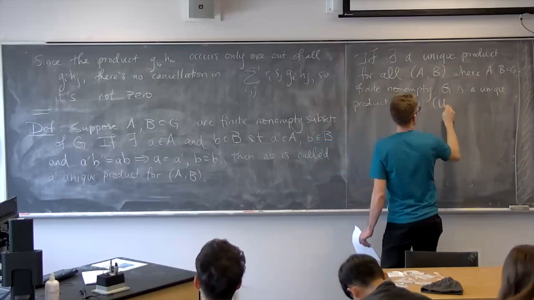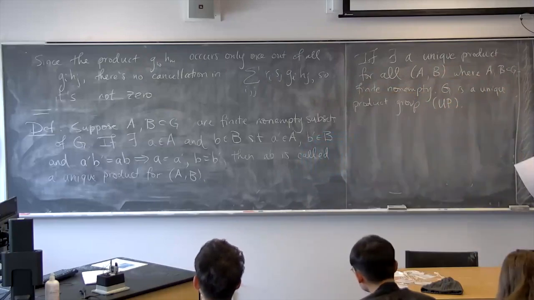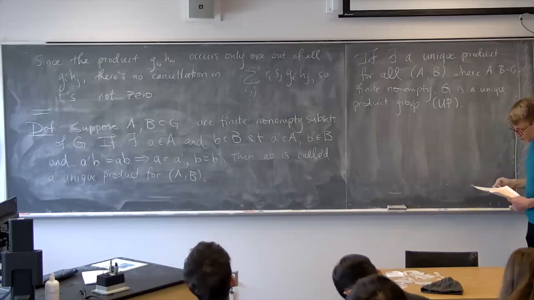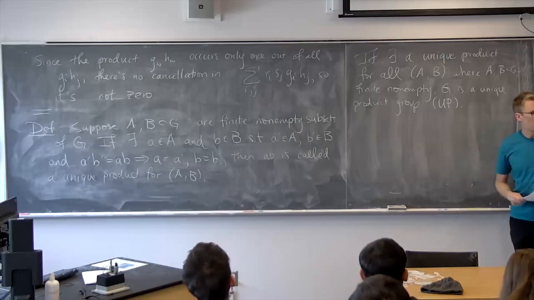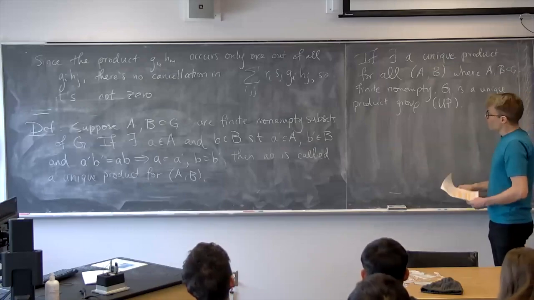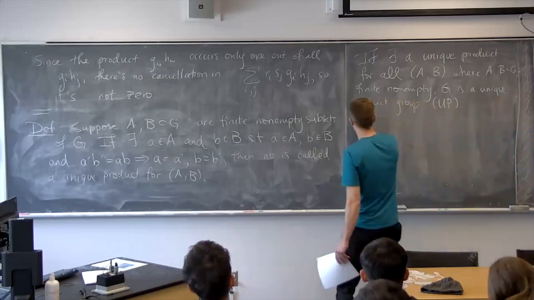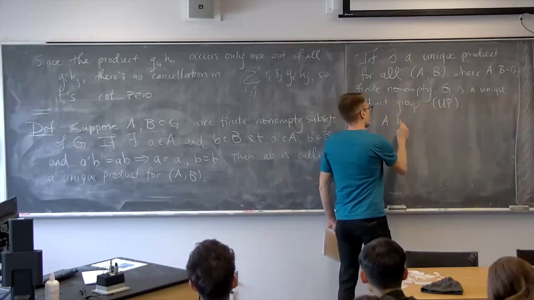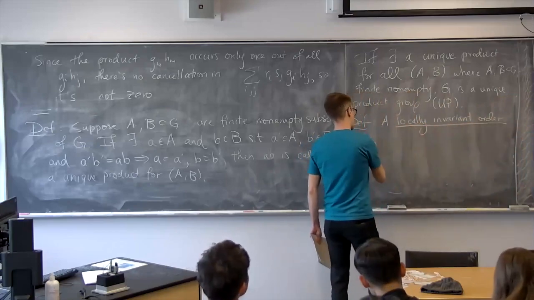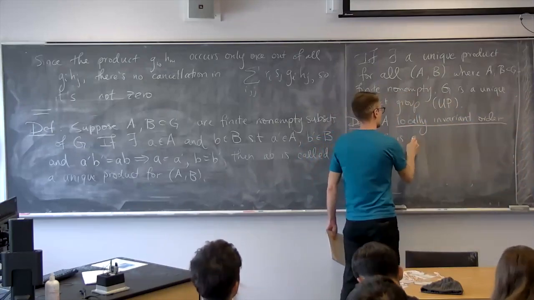I'll just write UP. That's keeping one of the things, right? So the other thing I said we could keep was something about there exists maximal elements that are somehow going to end up being unique products by virtue of being maximal. It's the next definition I have to write. So a locally invariant order for G is a partial order.